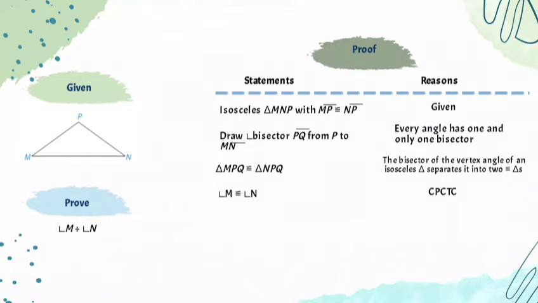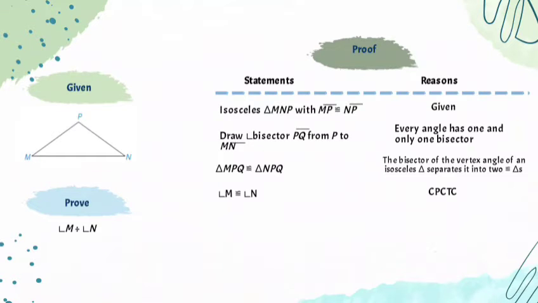Proof. Statement 1: isosceles triangle MNP with segment MP equal to segment NP. The reason is given. Statement 2: draw the angle bisector PQ from P to segment MN. The reason is every angle has one and only one bisector. Statement 3: triangle MPQ is congruent to triangle NPQ.